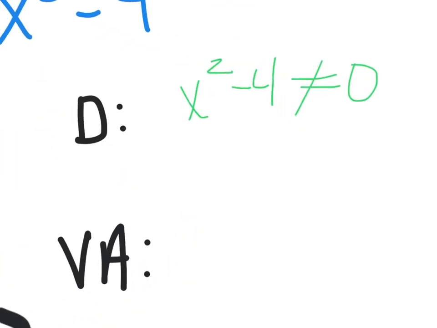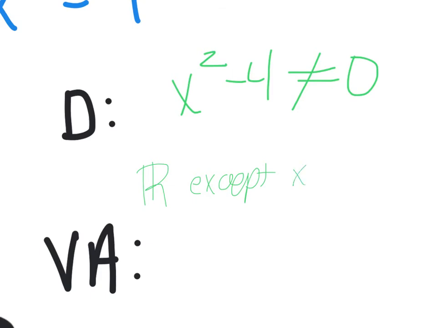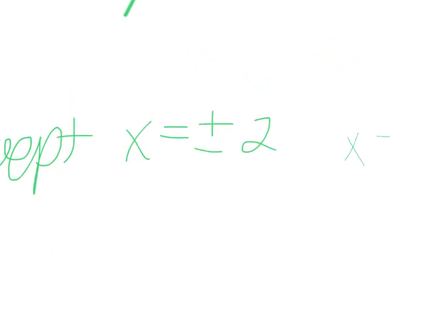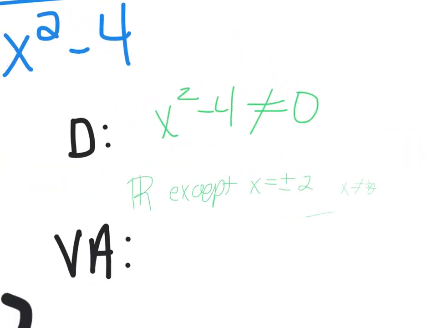Now you can either factor that or solve it: move the 4 over, take the square root, or it factors into (x plus 2)(x minus 2). But our domain is all real numbers except what? Plus or minus 2. Another way you can look at that is you can say x cannot be plus or minus 2. Make sense? You guys with me? There's nothing incredibly difficult.